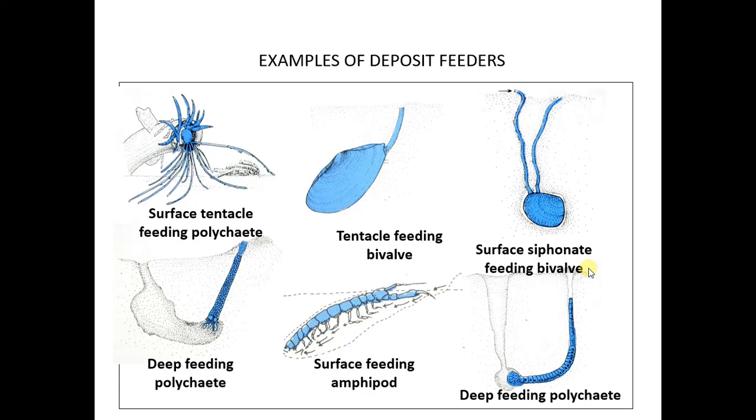Now, if you look at it, it's even easy to classify. For example, those that have surface attached to them are likely to be surface browsers. Those that have deep feeding attached to them are deep feeders. They are head down deep feeders.